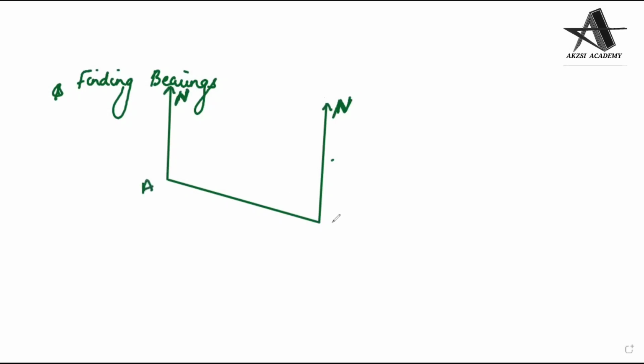This is A and B, and this is given as 94 degrees. Suppose the question says the diagram below shows the bearing of B from A. Clearly, this is the bearing of B from A, but you have to find the bearing of A from B now.